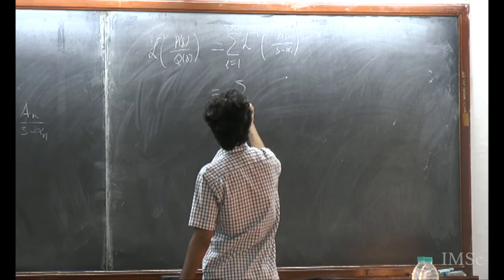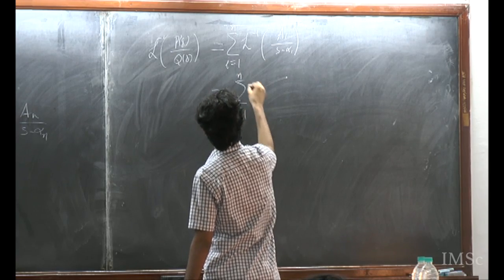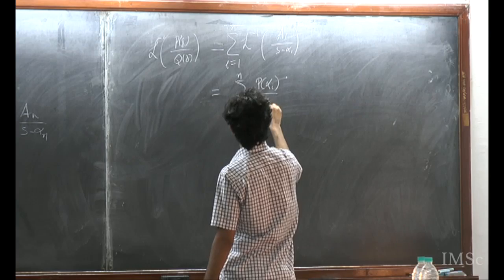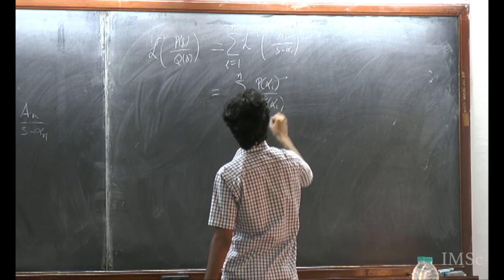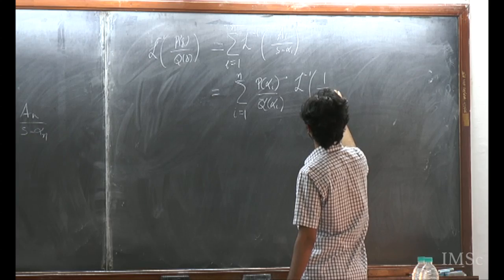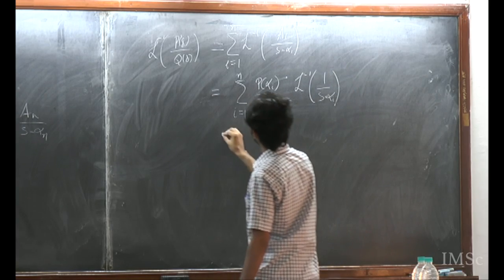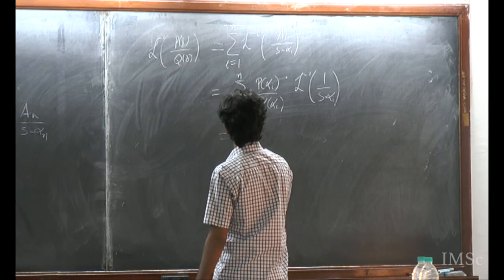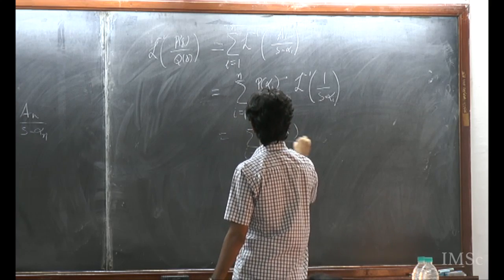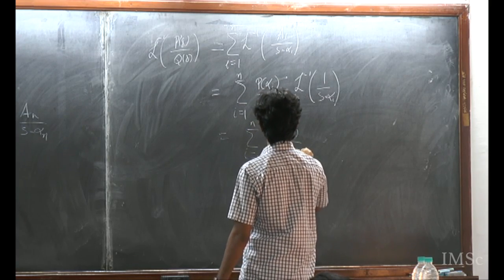So this is the sum from 1 to n of P of alpha i over Q prime of alpha i, times L inverse of 1 over (s minus alpha i).